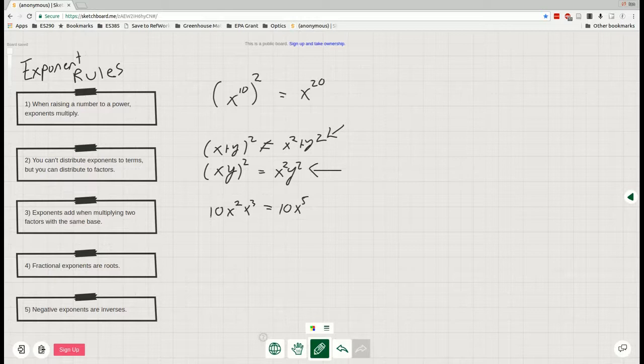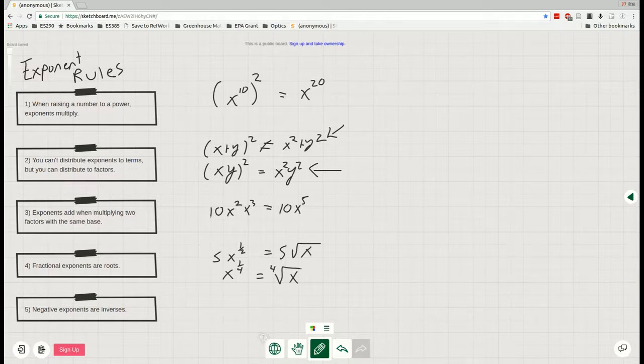Easy. All right. Fractional exponents are roots, rule number 4. Okay, so let's say we have the number 5 times x to the 1/2. Okay, x to the 1/2 is actually the same thing as the square root of x. So we could easily rewrite this as 5 times the square root of x. Or if we had a different number with like an even crazier fractional exponent, x to the 1/4 power, that's actually the same thing as the 4th root of x.